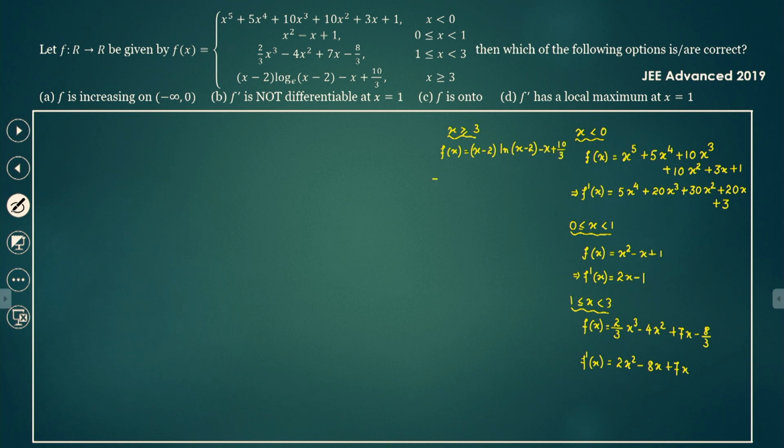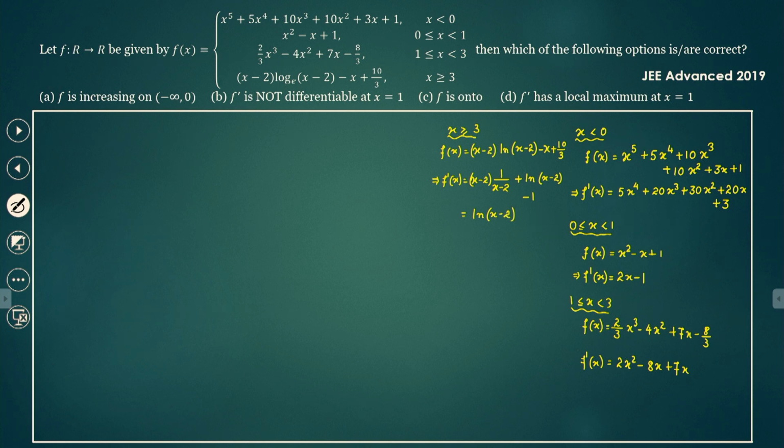If I differentiate now, we find f dash x is equal to x minus 2 as it is, log of that will come x minus 2. Plus we have log of x minus 2 because we are differentiating x minus 2 and that's it. So it gives me log of x minus 2.